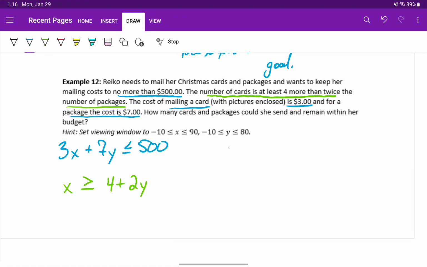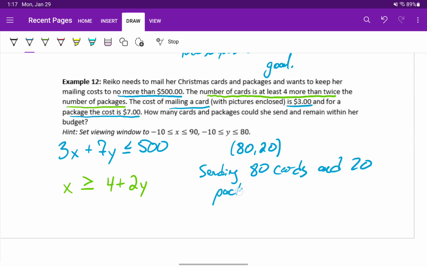If we went with a solution pair of (80, 20), that would mean sending 80 cards and 20 packages would meet her goal.